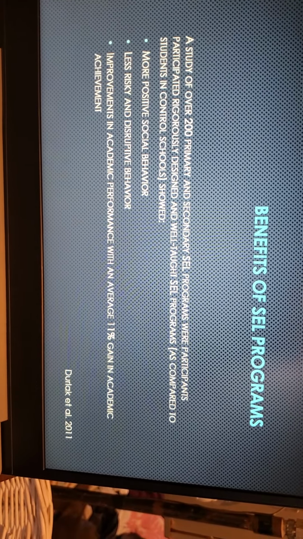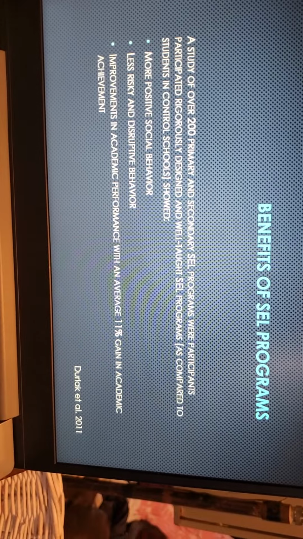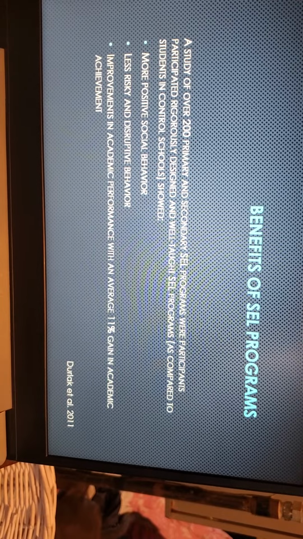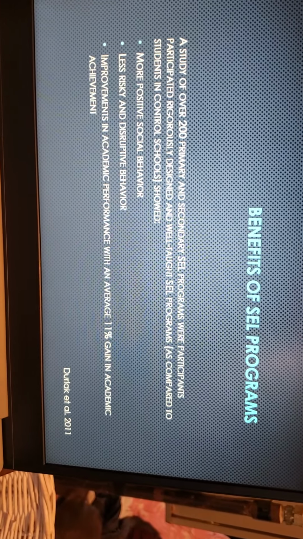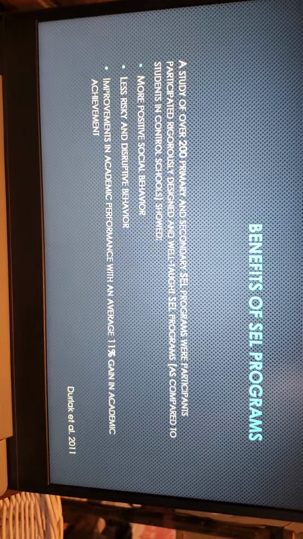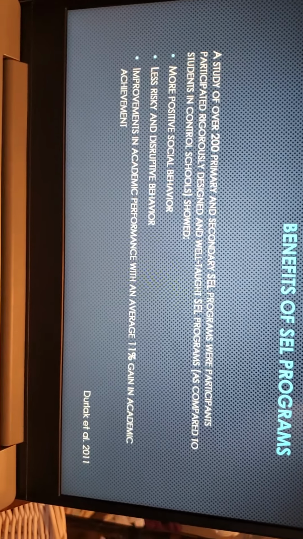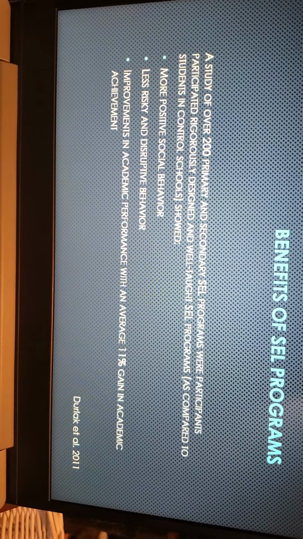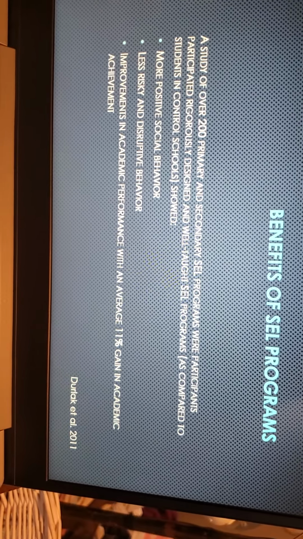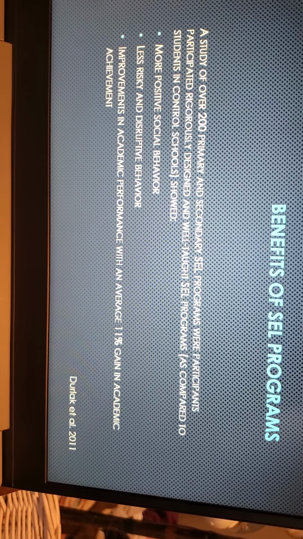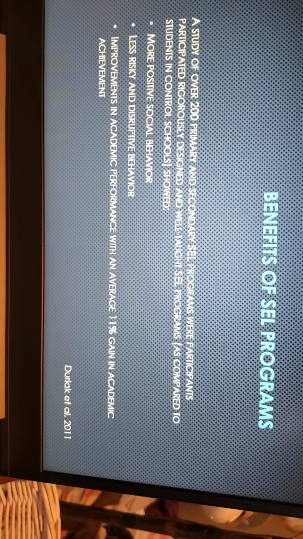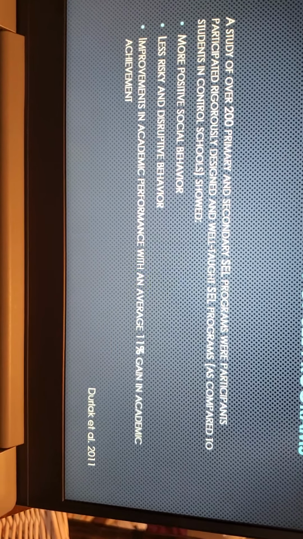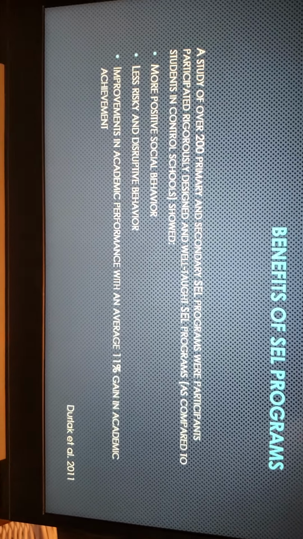When they did a study of over 200 primary and secondary SEL programs, the participants in rigorously designed and well-taught SEL programs showed more positive social behavior, less risky and disruptive behavior, and improvements in academic performance, with an average of 11% gain in academic achievement, as opposed to the control schools that stayed the way they were before.